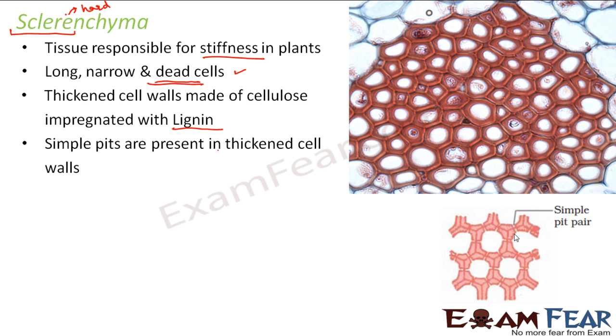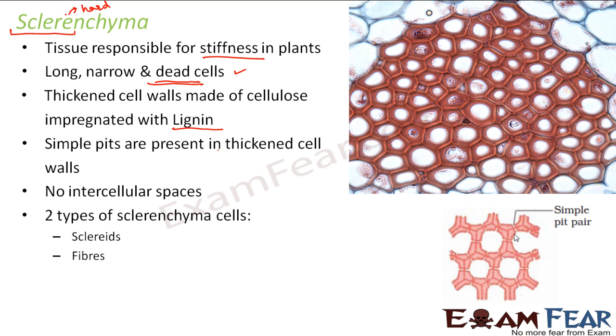So it basically helps in communication between two cells, right? There are no intercellular spaces because they are closely packed with each other. Again, here we have two types of sclerenchyma cells. So what are the two types? Sclereids and fibers. These are not types of sclerenchyma tissue.